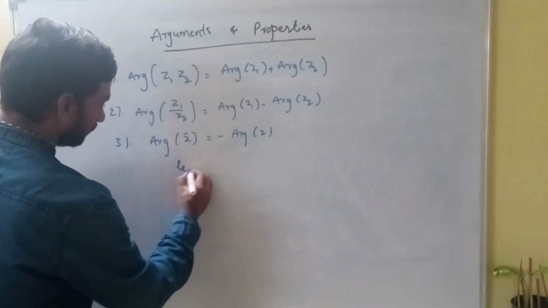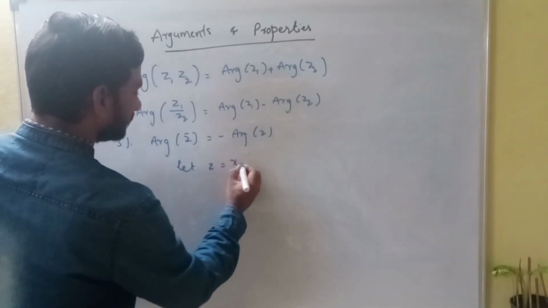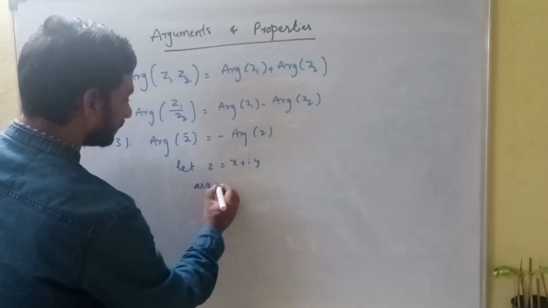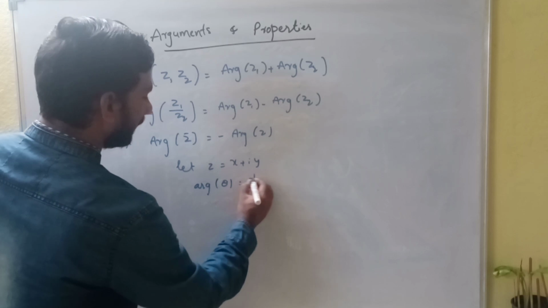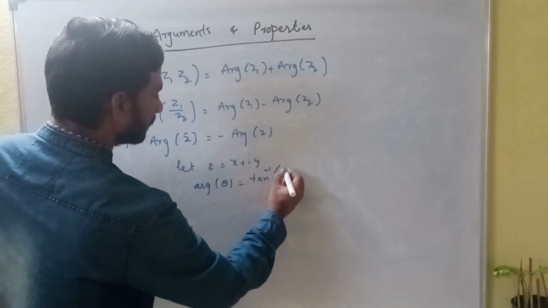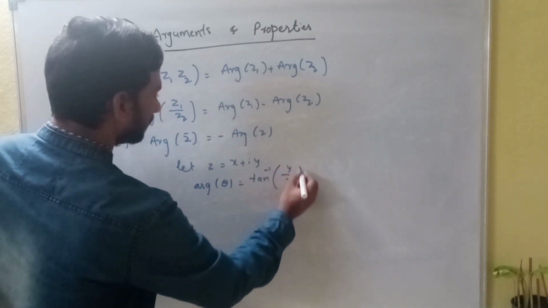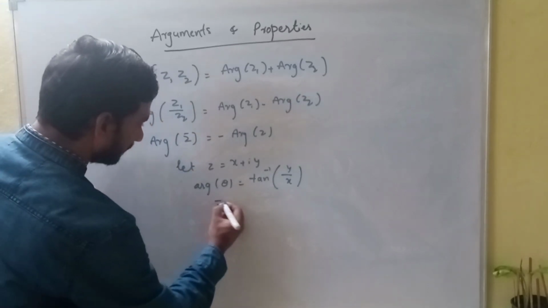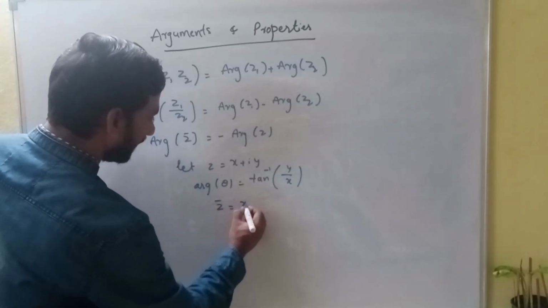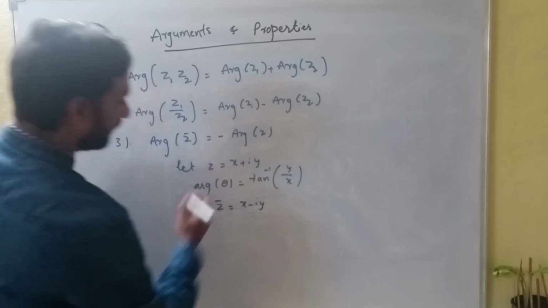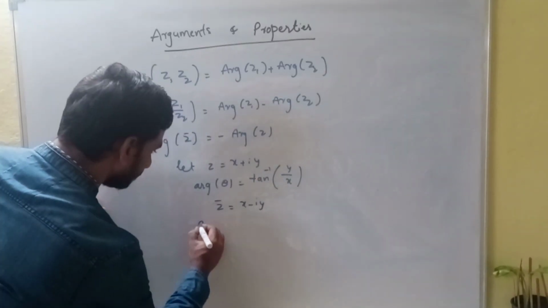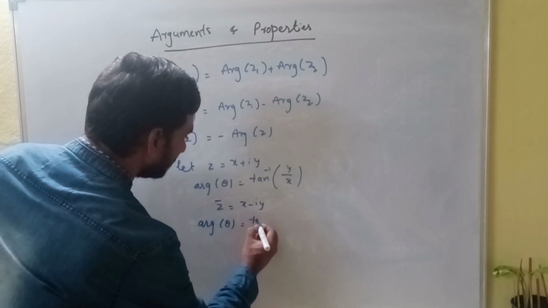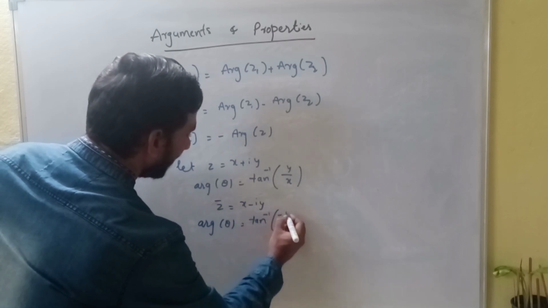Let's say z is equal to x plus iy. Argument will be tan inverse y by x. Now z bar, your conjugate, will be x minus iy. Argument is equal to tan inverse minus y by x.